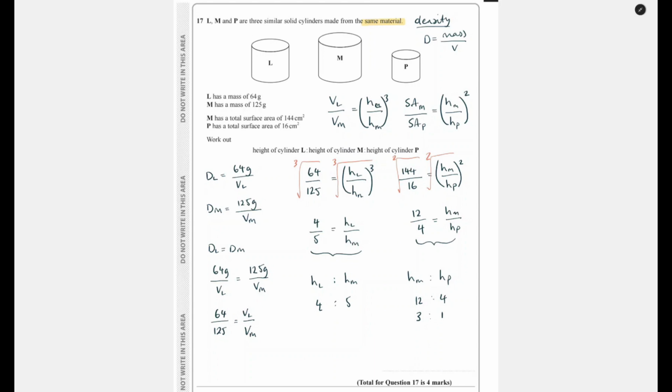So now we need to get the values of HM the same so that we can combine this. So we're going to multiply these two by 3 and multiply these two by 5. And so that will give us HL to HM to HP as 12 to 15 to 5. That is our answer.